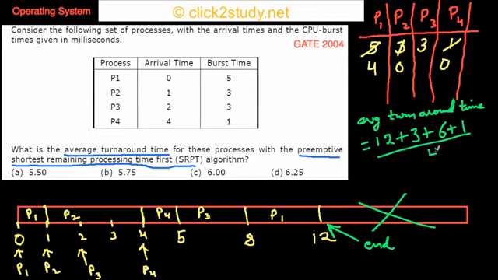And we take the average of all these. You get 22 by 4, and 22 by 4 is 5.5, which means that option A is the correct choice.